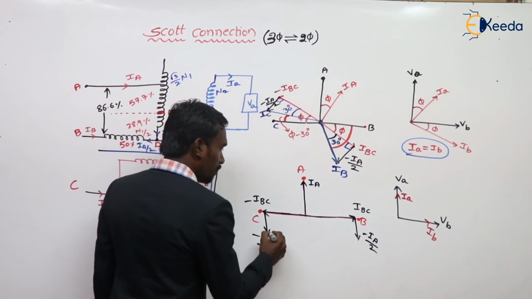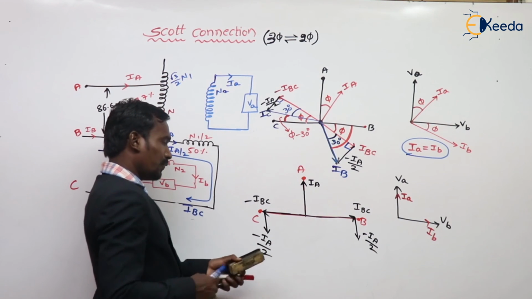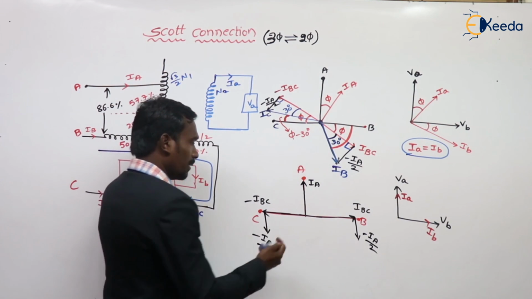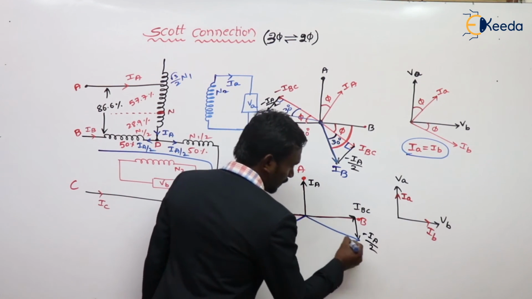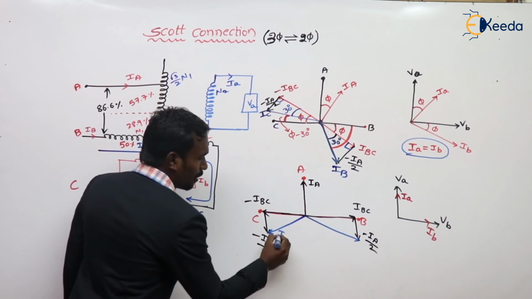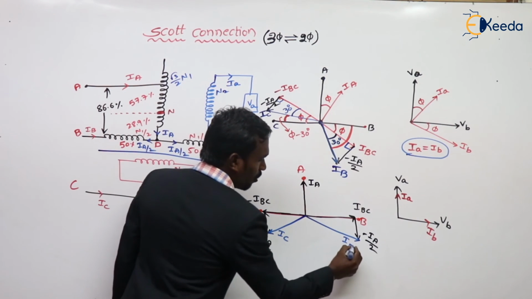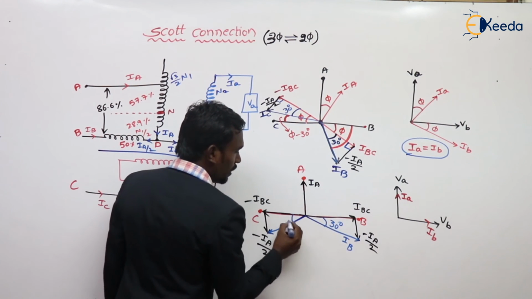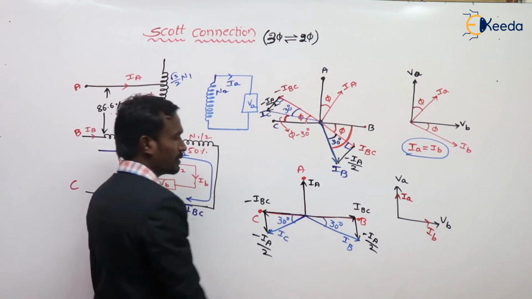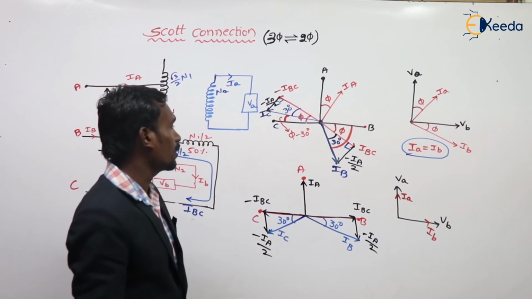If you combine them, then this is called IC and this is called IB. This is the angle of 30 degrees. I said already, this is the angle of 30 degrees. So what do you conclude from this?